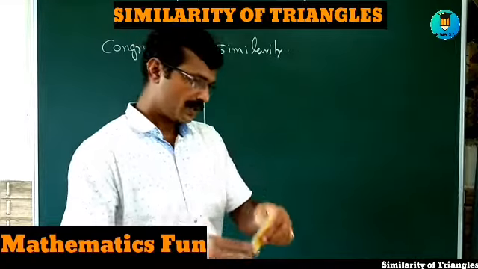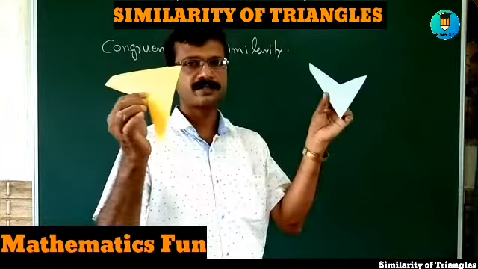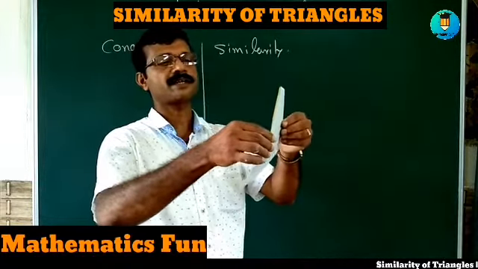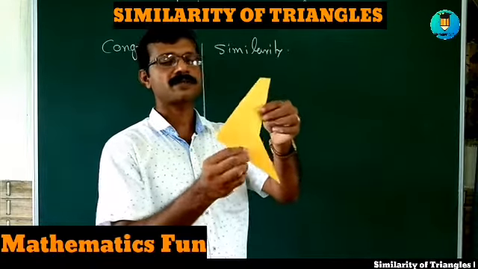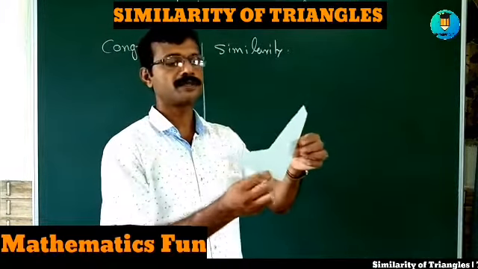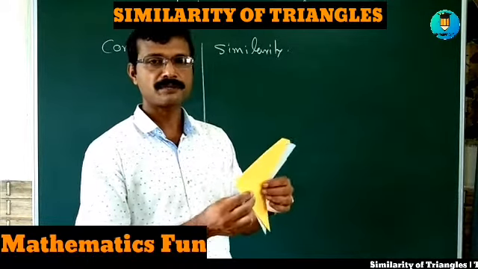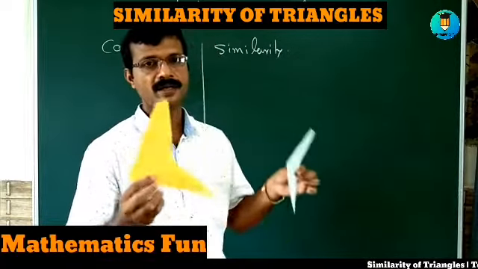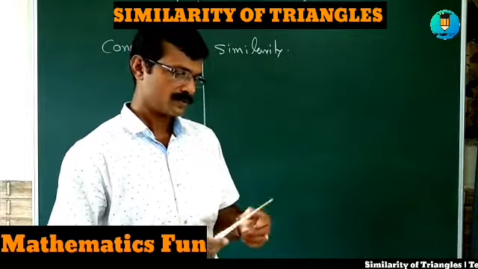Now if you see these other two figures, let us check if you can place one exactly over the other. Then they are congruent figures. So here also these two figures are congruent. Congruent figures mean both figures have the same shape and the same size.